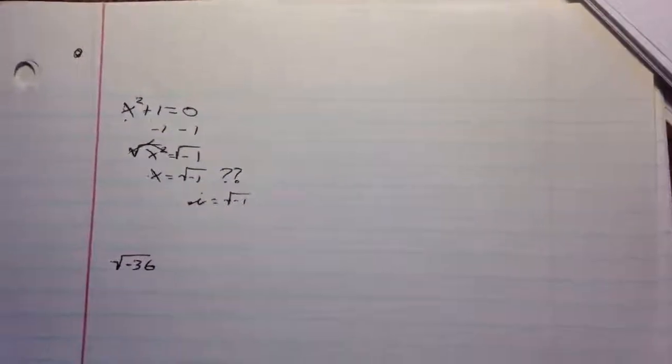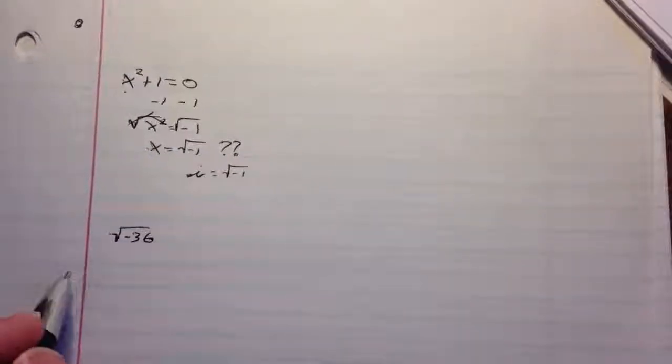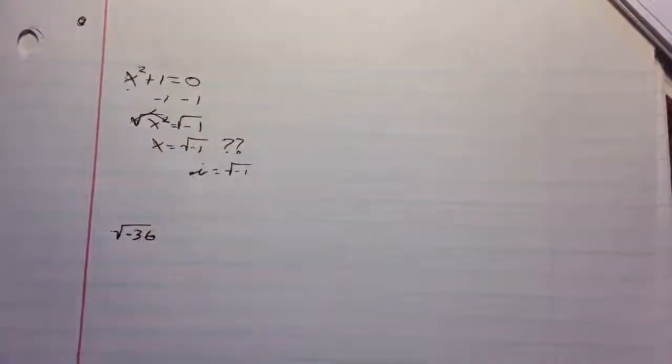A few things I want to do with you to start out this morning is go back over how to simplify negative radicals. Let's start out with something easy. Square root of -36. Whenever I'm working one of these out and I see the negative, since I've been doing it a long time, I just know it's going to have an i, and I just take the square root of 36.